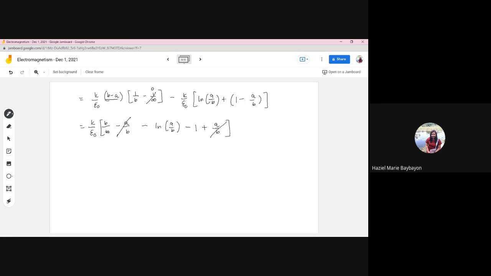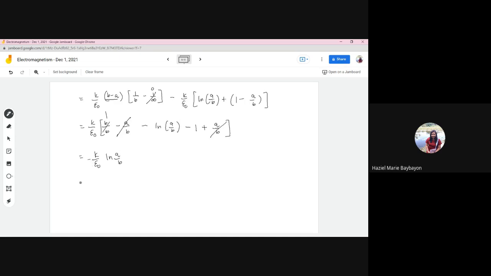And then we have b over b here, which is 1, and negative 1 here. So, 0. What remains is k over epsilon naught ln a over b, which is negative.